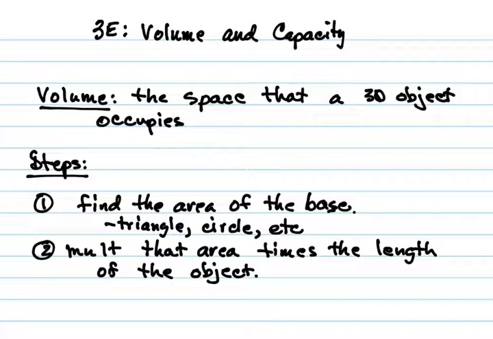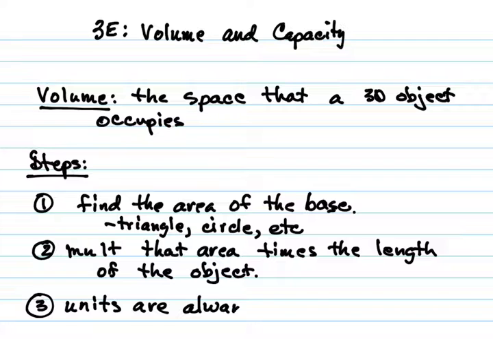Okay. And with volume, the units are always cubed. So, for example, you'll get meters to the third power. Cubed means to the third power. It obviously doesn't have to be meters. It can be any units.